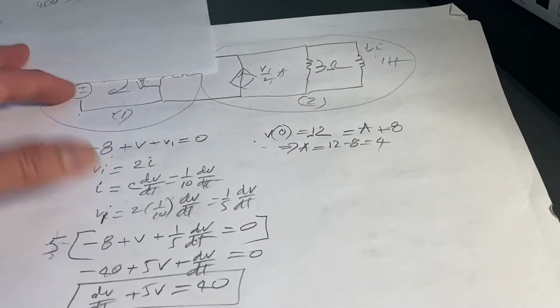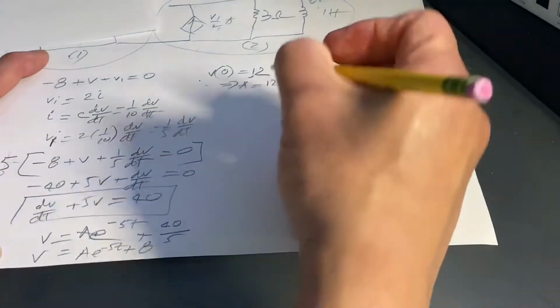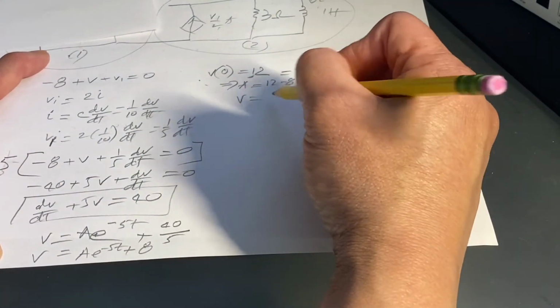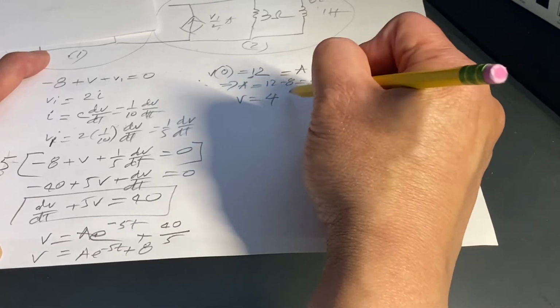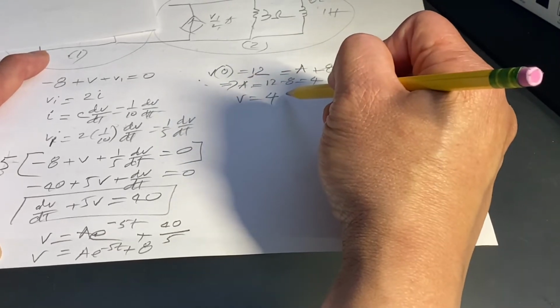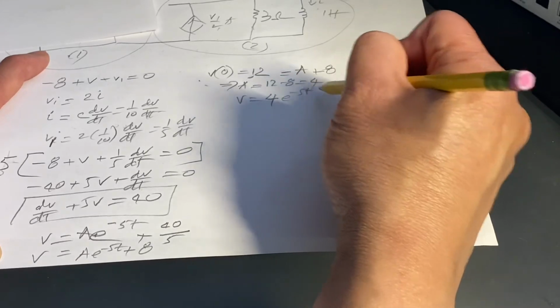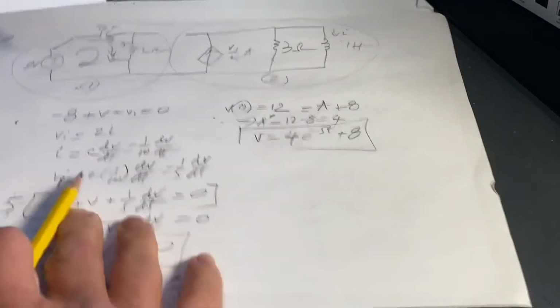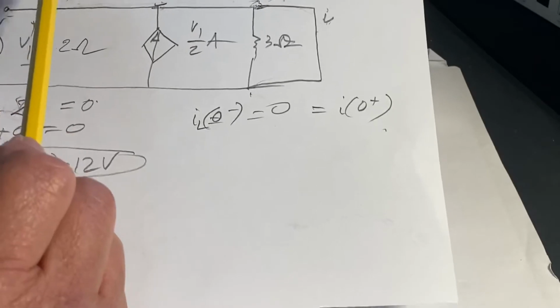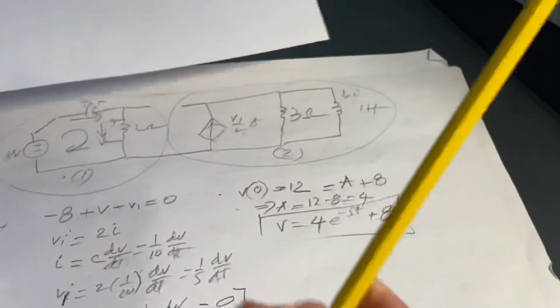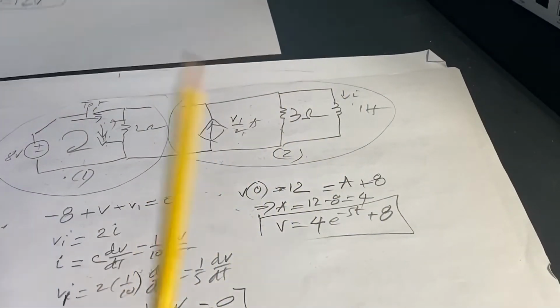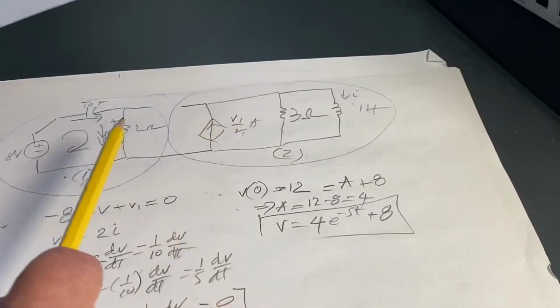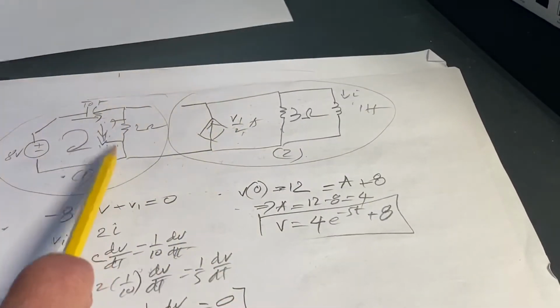So the voltage we have here is 4e^(-5t) plus 8. That's the voltage V. We found it. Now we need to find the V1 right here.